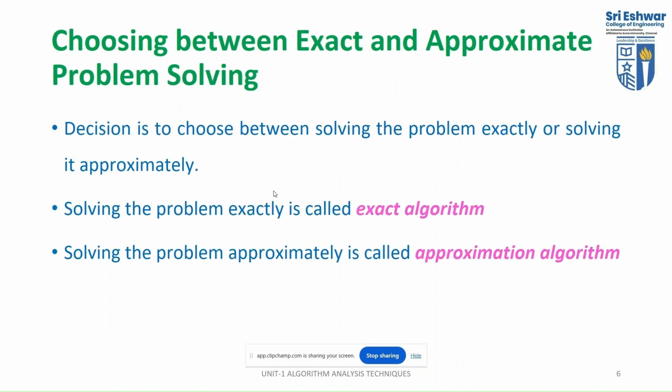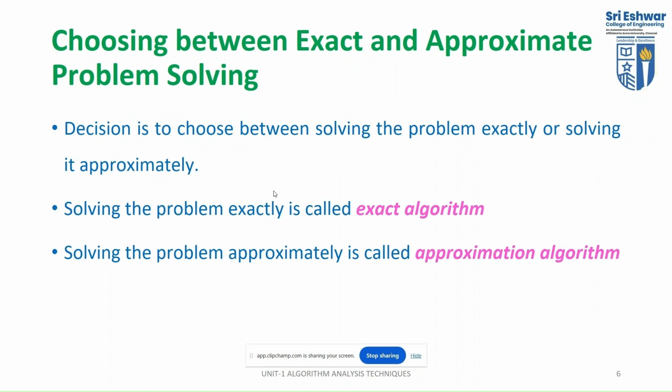Next step is choosing between exact and approximate problem solving. When solving a problem, sometimes an exact solution is necessary, but in many real world cases, approximate solutions are acceptable or even preferable due to constraints like time or memory.